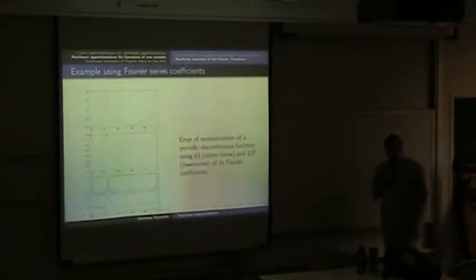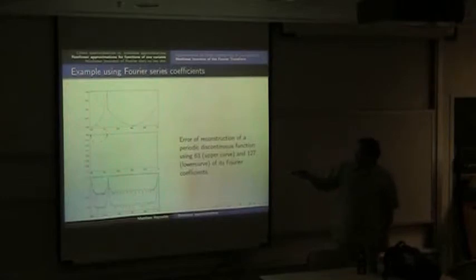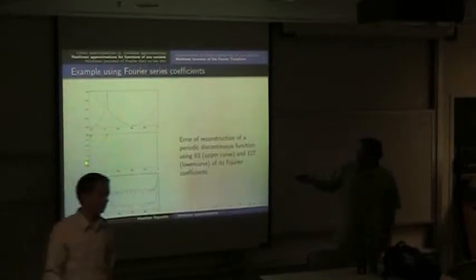Real quick, here's an example of the same thing, but using a Fourier series. This is our function, and it has discontinuities right here and right here. The poles are once again accumulating towards the discontinuities in our function.